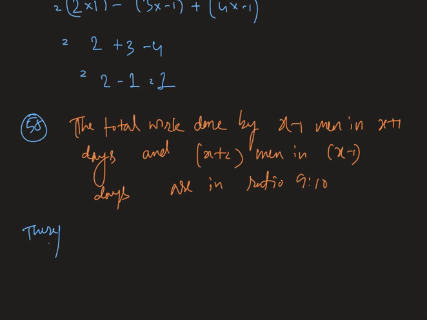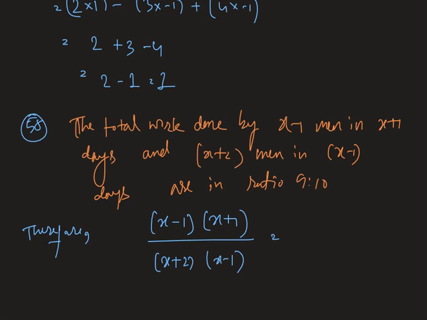Therefore, we can write the total work done by x minus 1 men in x plus 1 days is (x minus 1) into (x plus 1), divided by the total work done by x plus 2 men in x minus 1 days, which is (x plus 2) into (x minus 1), and this can be written as 9/10.